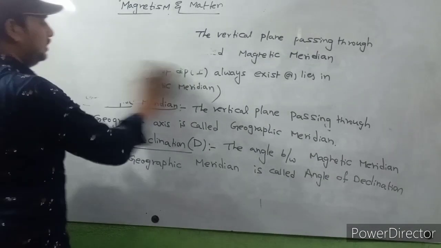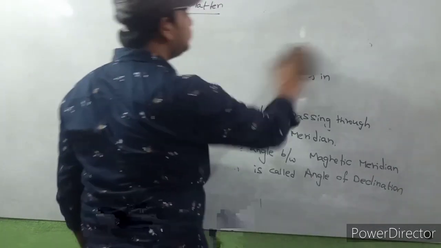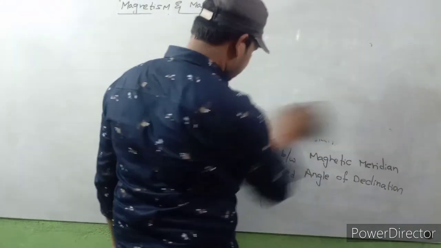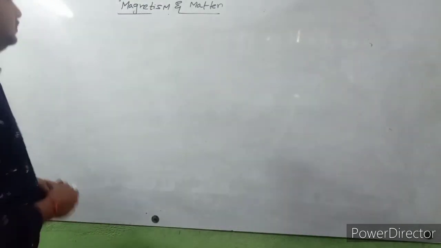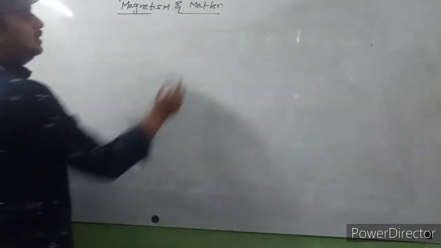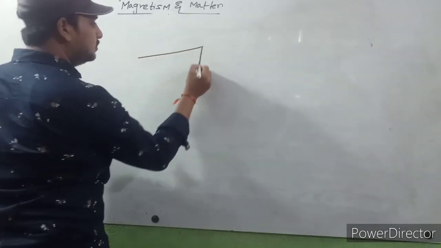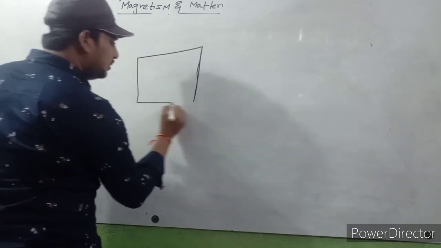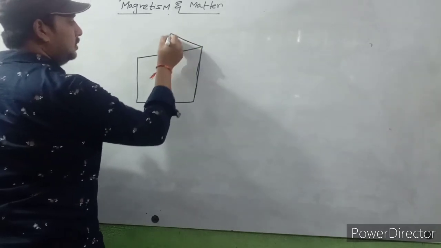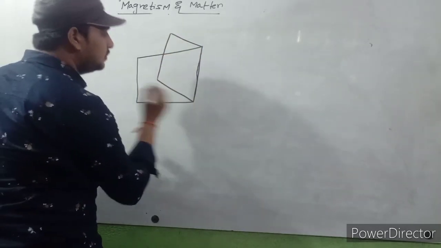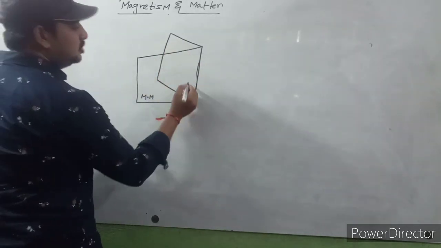Observe carefully. With a diagram, I will represent this magnetic meridian, this geographic meridian and the angle of declination in one diagram. This is called the magnetic meridian.